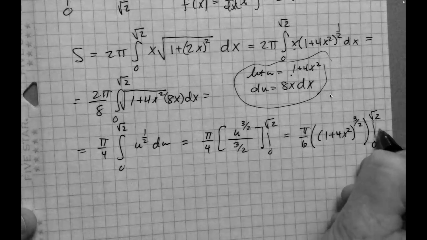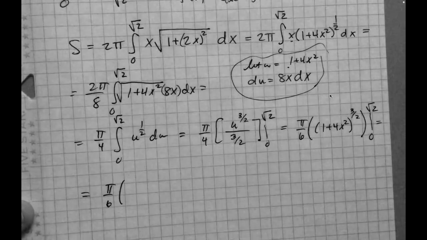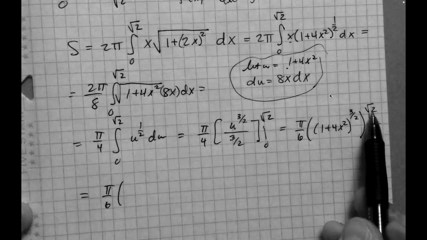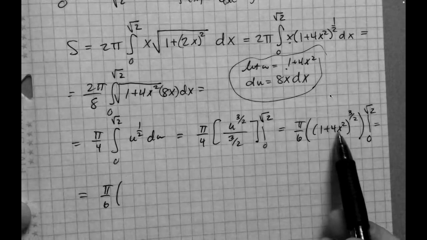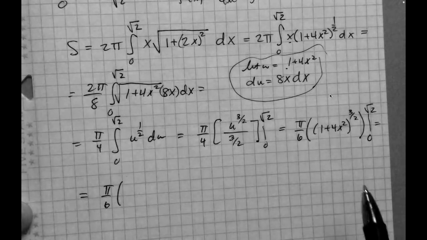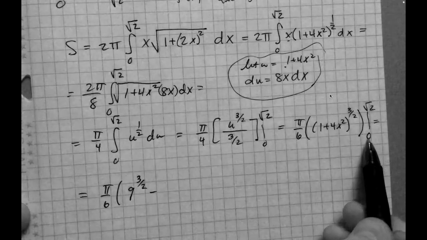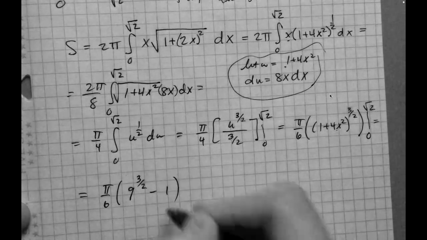Okay, and so finally, what do we get? Well, if we plug in the square root of 2 here, we get square root of 2 squared, so it's 1 plus 8, so it's 9 to the 3/2 power. And then we've got to do the same thing for 0. So you plug in a 0, you get 0 there, so it's just 1 to the 3/2 power, so minus 1.